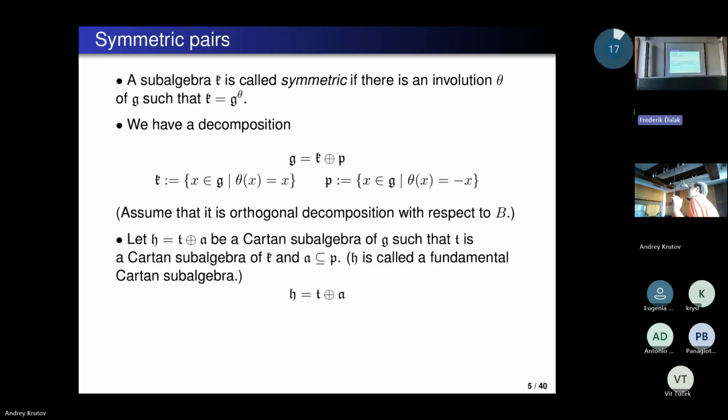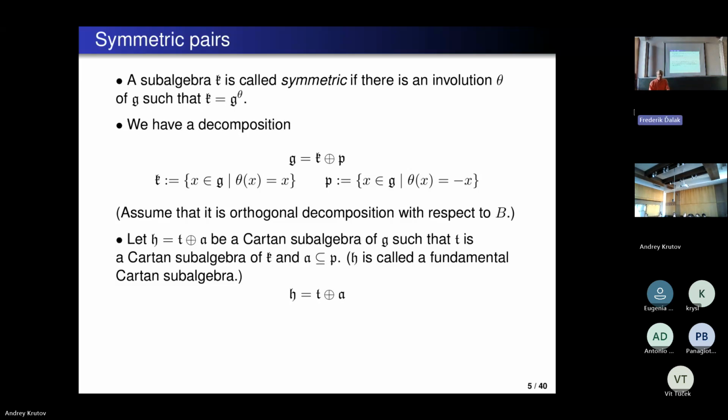So typical examples come from real reductive groups or compact symmetric spaces. I will fix further notation. Let's choose a Cartan subalgebra in G such that T will be the Cartan subalgebra of K and A will live in P. It's one of the choices. This is usually called the fundamental subalgebra.